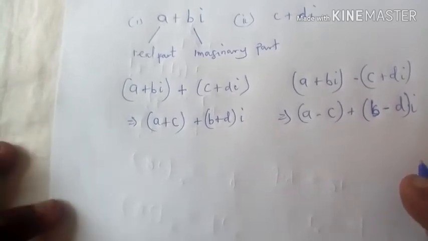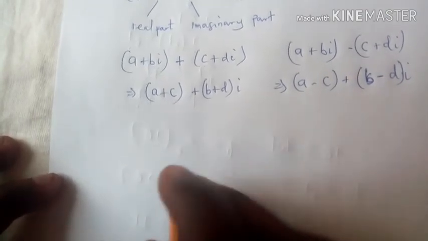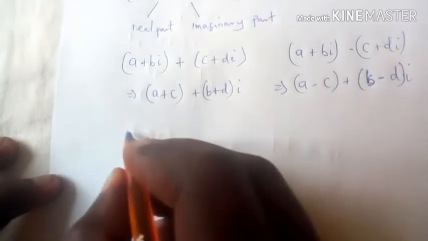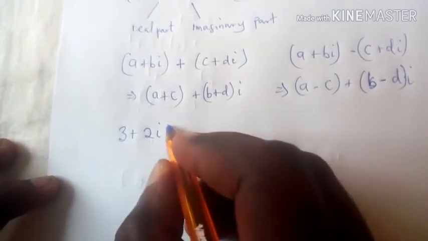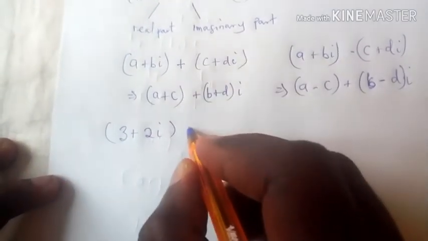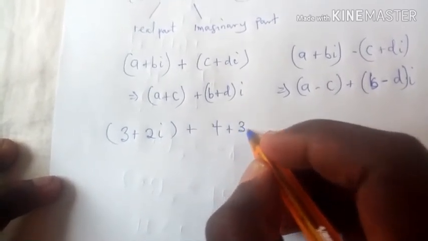Let me give a few examples, and then that will be all for now. You could have 3 plus 2i added to 4 plus 3i.